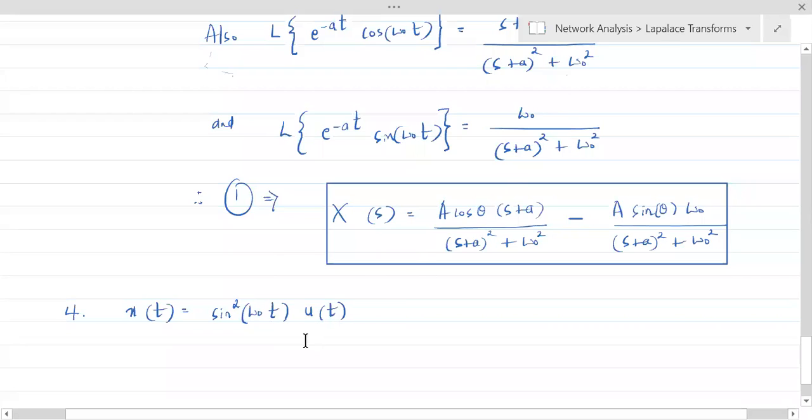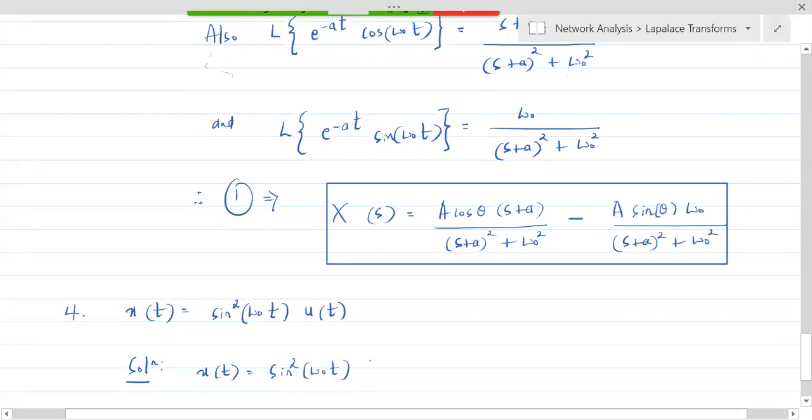So in the solution I'll just give you the meaning of this. It means that x of t is sine square omega naught t for t greater than or equal to 0. So which is the signal there? The signal is just sine square omega naught t.